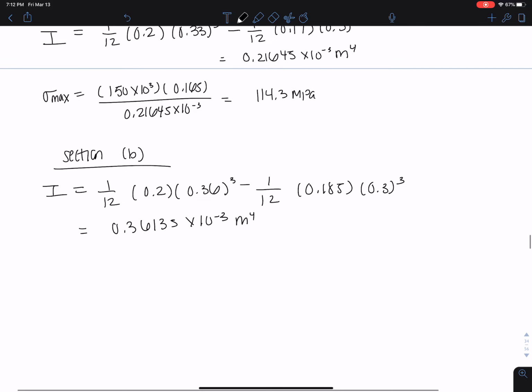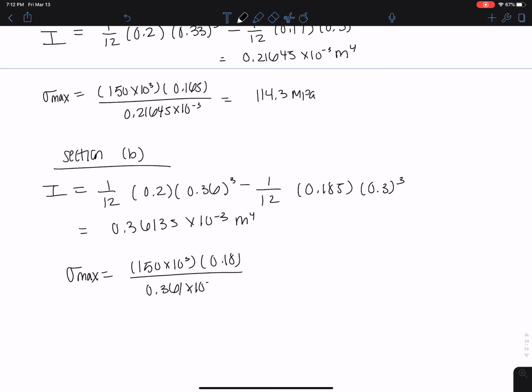And we can now plug in our sigma max here, and we have the same moment times a C value. It's a little bit different based on geometry. And we get 74.72. So our assessment was accurate.